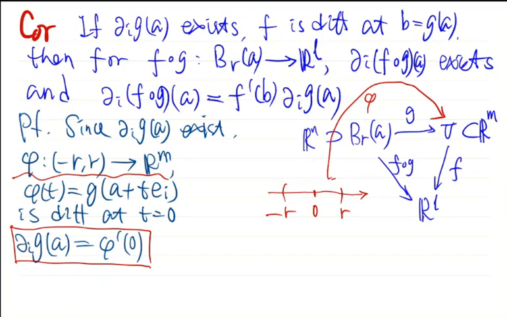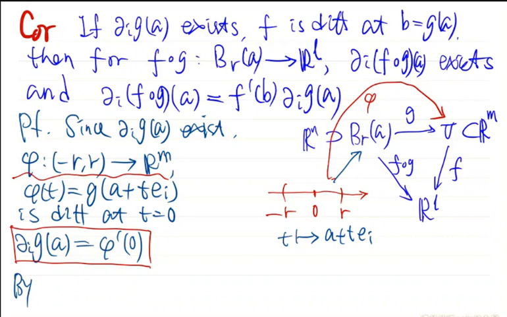Phi is the composition of g and this map, t to a plus t e_i. So this map composed with g is our phi.